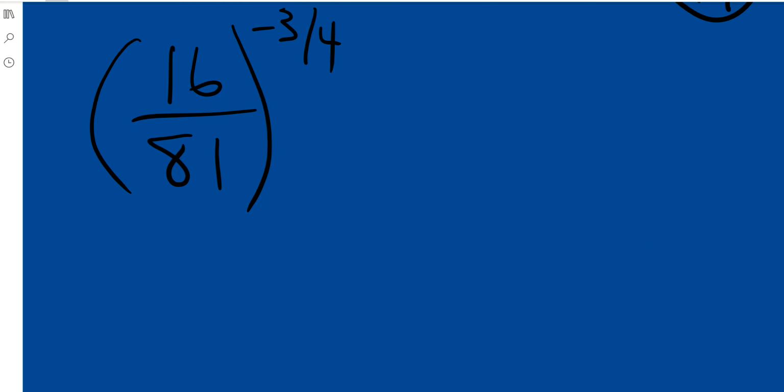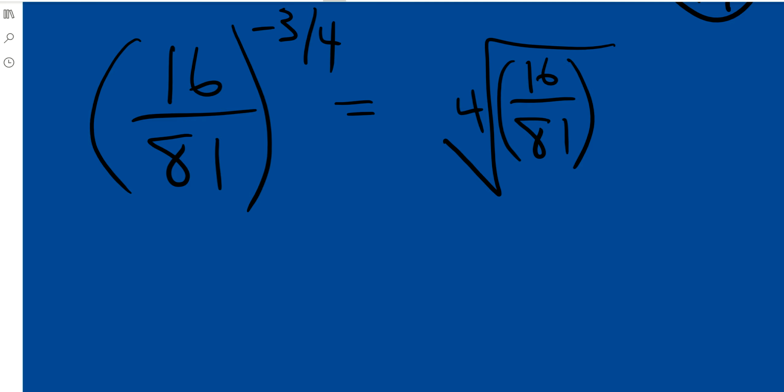Okay, one more. Okay, again, here's my problem. So now this is going to be the fourth root of 16 over 81, and then raised to the negative 3. All right, what's the fourth root of 16 over 81?